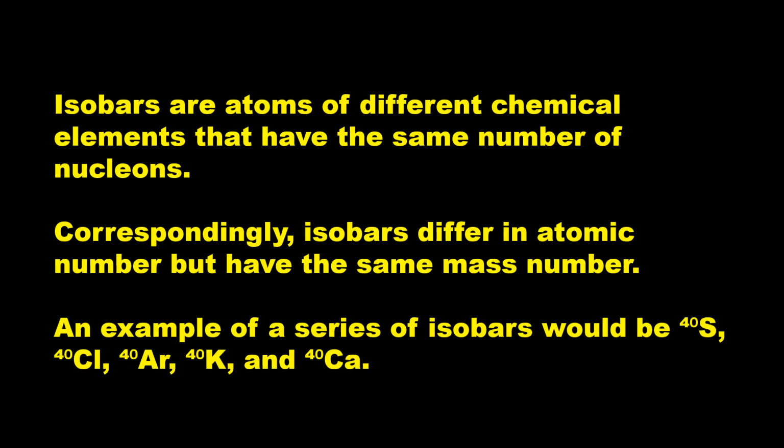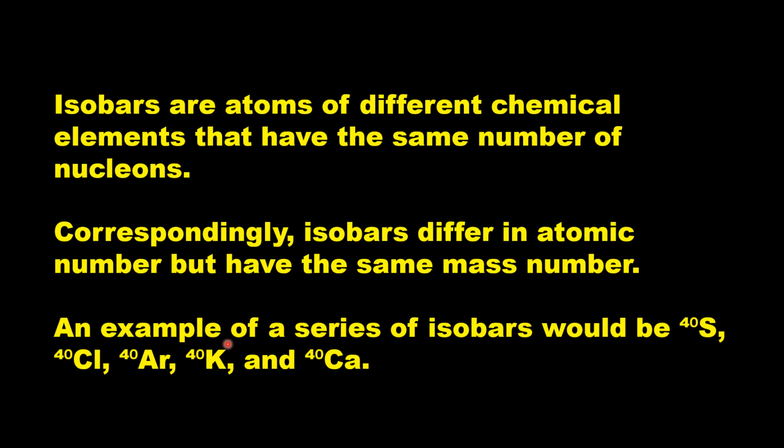Now, what are isobars? Isobars are the atoms of different chemical elements that have the same number of nucleons. Correspondingly, isobars differ in atomic number, but they have the same mass number. Isobars are different from isotopes. They have the same mass number, but the difference lies in their atomic numbers.